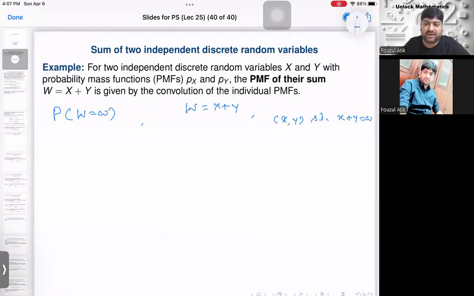So the probability mass function of w is basically P of W equal to w, and that is basically x plus y is equal to w.